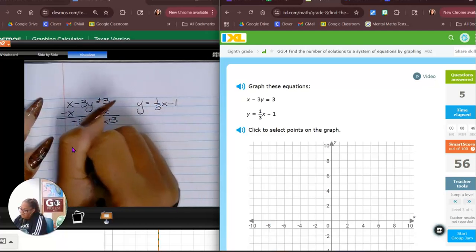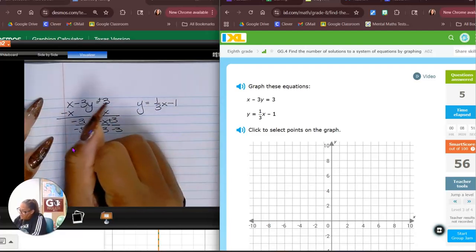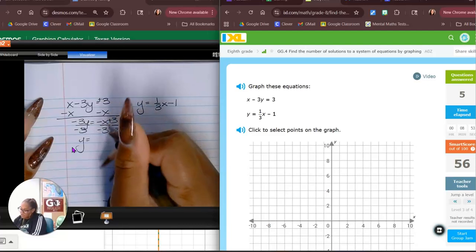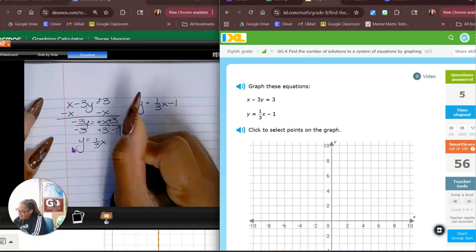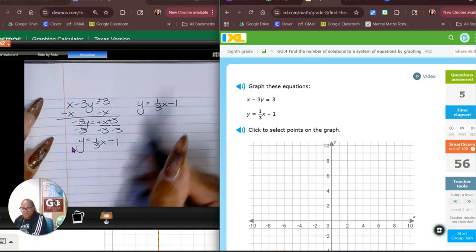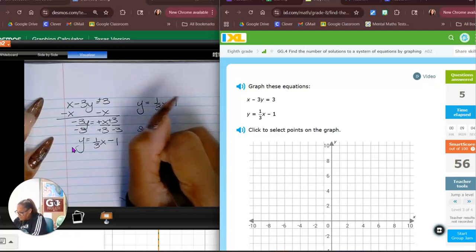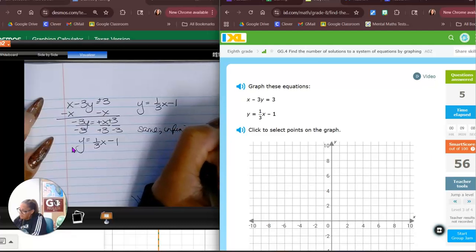And then divide by -3, divide by -3, divide by -3. y equals, this becomes 1/3 x, and then 3 divided by -3 is -1. So we'll look here and see that these are the same lines. Same, infinite solutions.